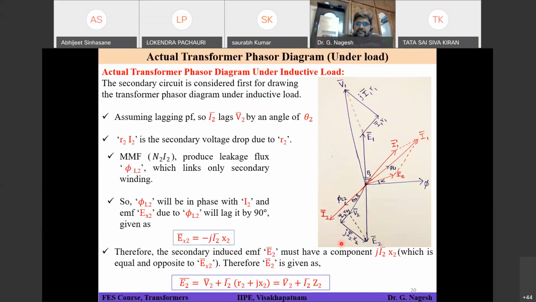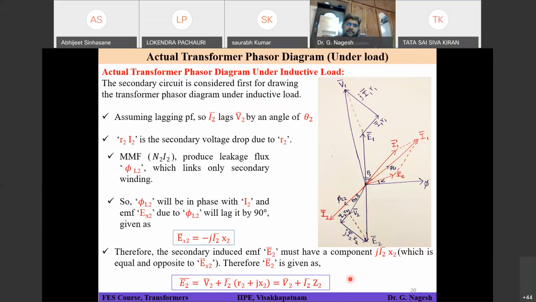So E2 immediately after the secondary winding terminals is the phasor addition of V2 plus I2 into R2 plus j into I2 into X2. That's what is written here. Hope you got it.